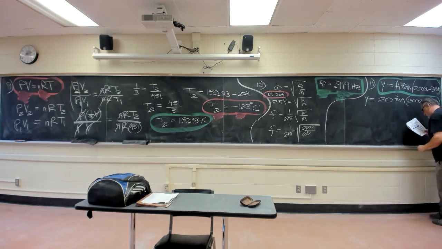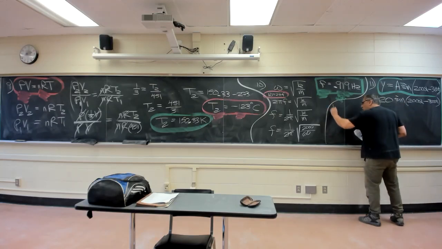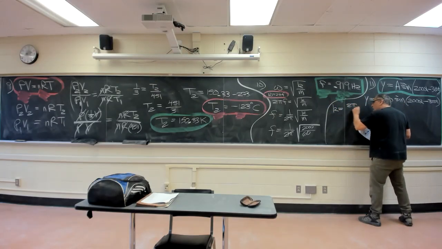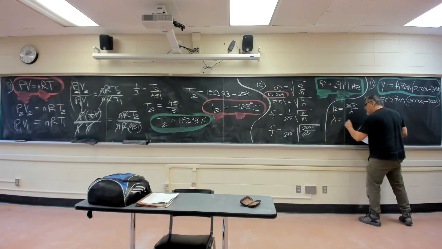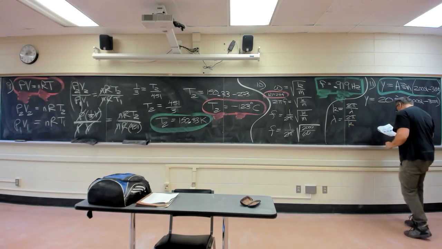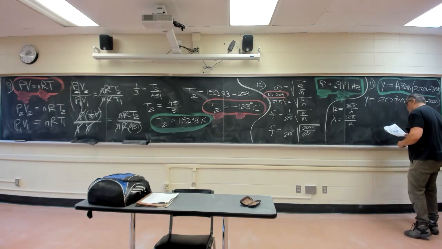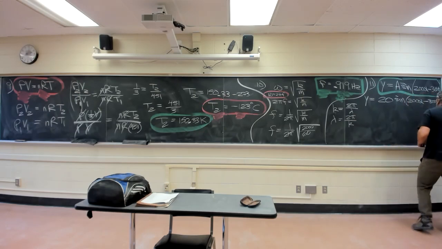We do know, kind of in the back of our mind, the wave number is 2 pi over lambda, which means k equals 2 pi over lambda. Multiply by lambda on each side and divide by k. That's kind of interesting.